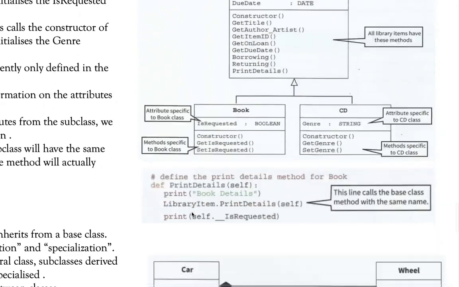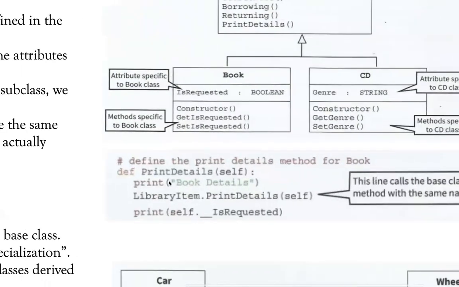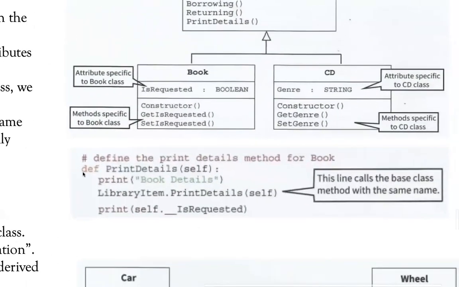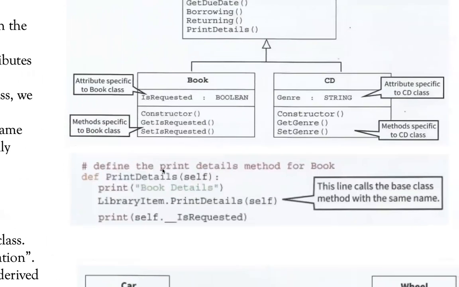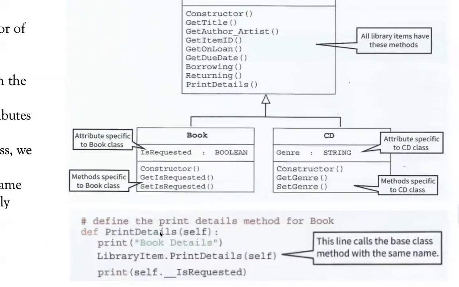differently. Now, imagine that this method definition over here, print details, is being carried out in my class definition of my subclass. So I'm defining a method in my book subclass by the name of print details. As you can see, this is the exact same name as the print details in my parent class.